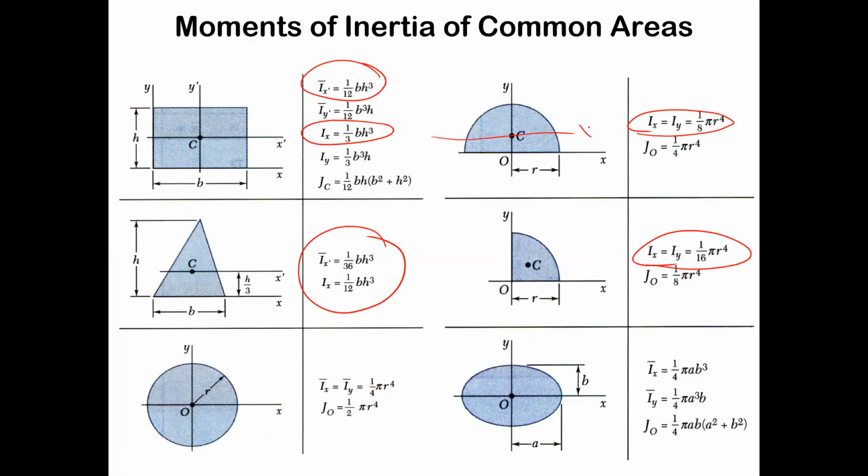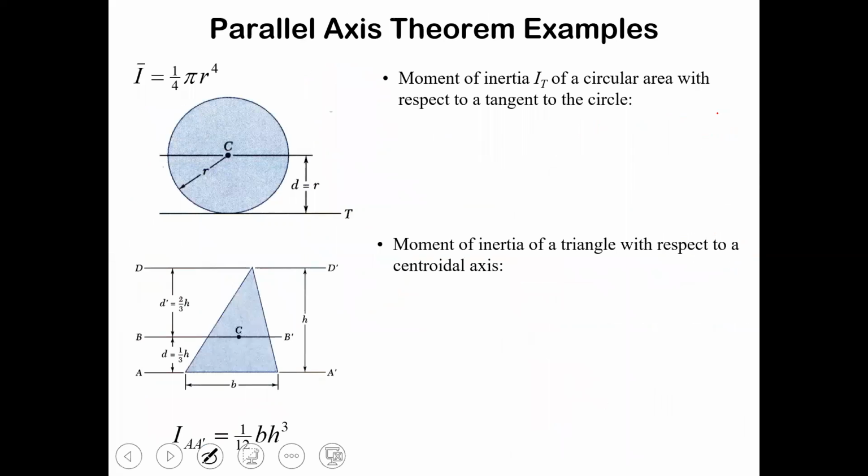This would be the x prime axis, which is going through the centroid of the body. So there may be situations where you need to shift the formula that you get from the table to apply to a different axis through the body. That's what we have to learn the parallel axis theorem for.